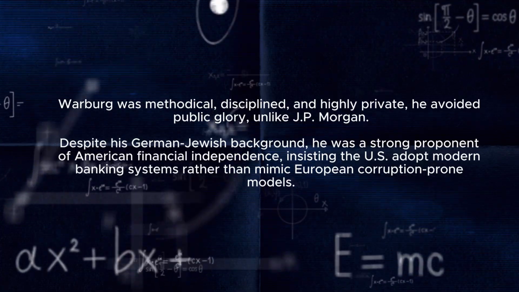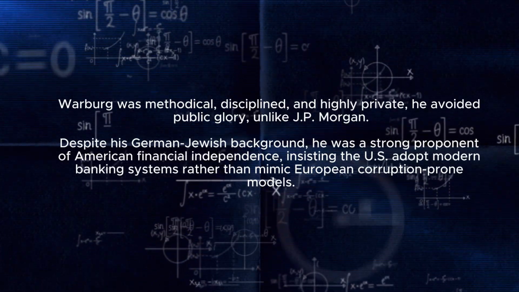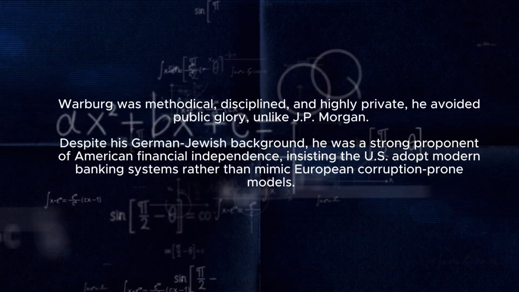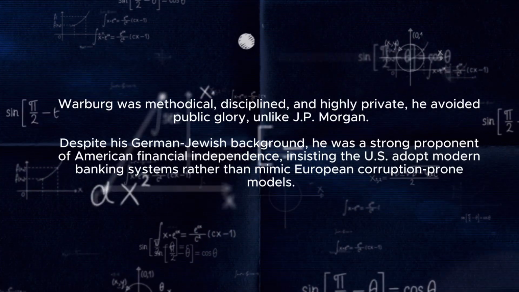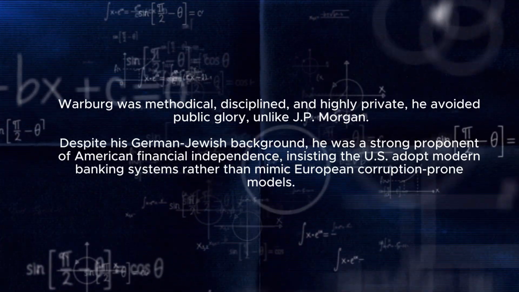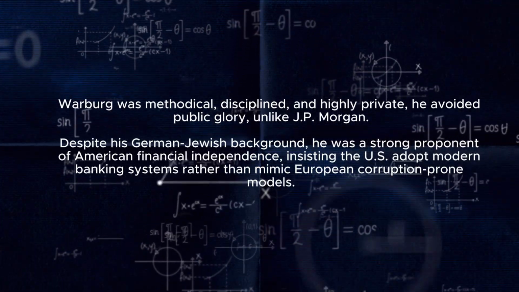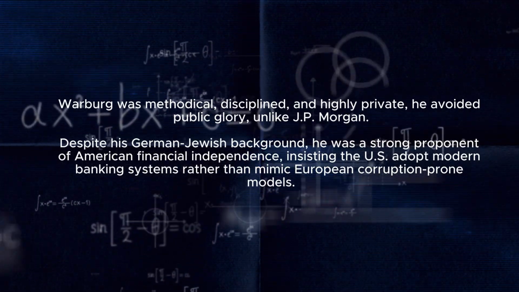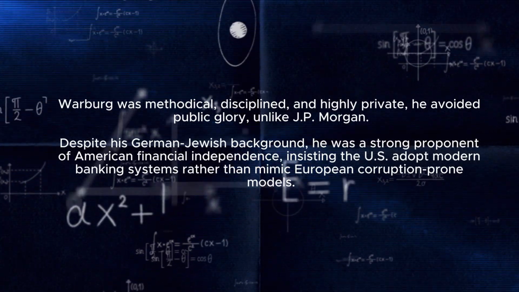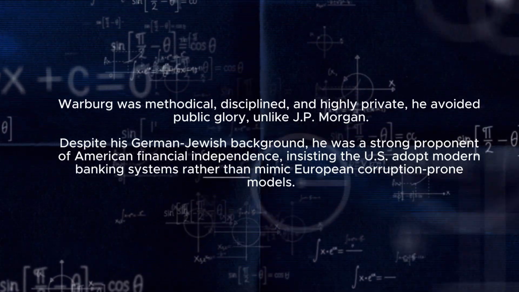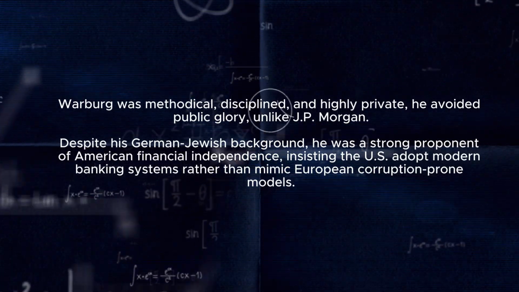Warburg was methodical, disciplined, and highly private. He avoided public glory, unlike J.P. Morgan. Despite his German-Jewish background, he was a strong proponent of American financial independence, insisting the U.S. adopt modern banking systems rather than mimic European corruption-prone models.